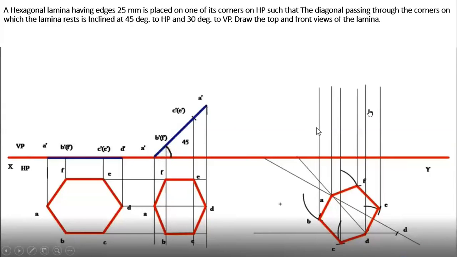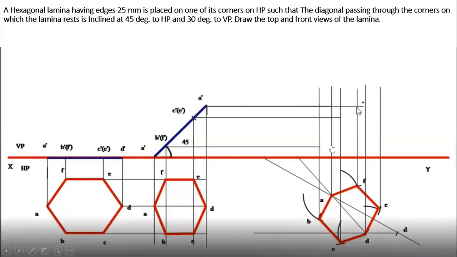D dash with D, that is the intersection of D dash, C dash to C, B dash to B. Project everything onto get the hexagon of the final view. Now project everything. F dash to F, that is the point F dash.